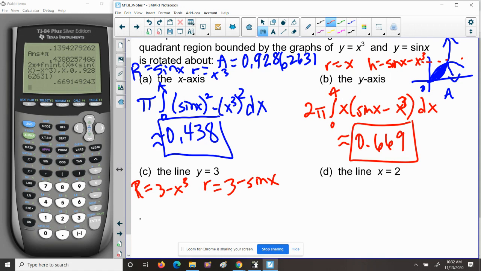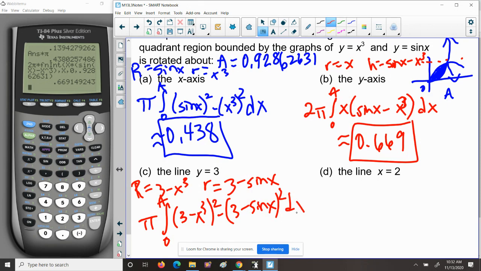So the volume here is going to be pi times the integral from 0 to a of 3 minus x cubed all squared minus 3 minus sine of x all squared.